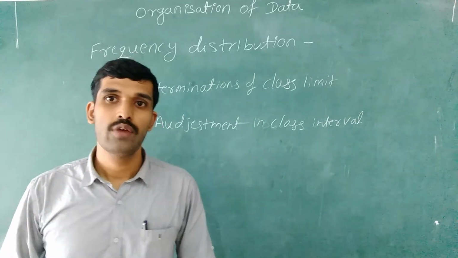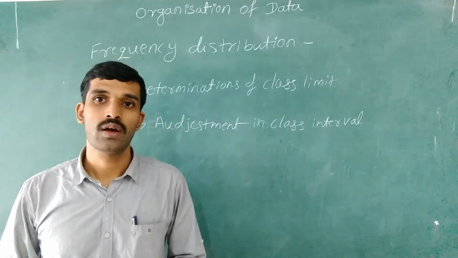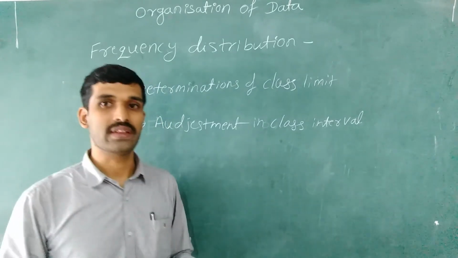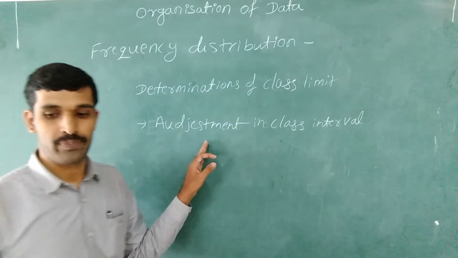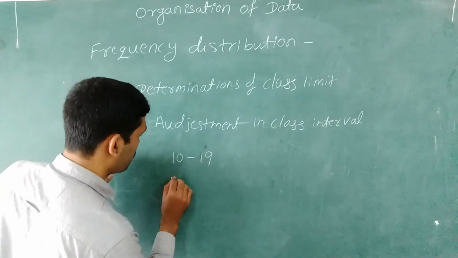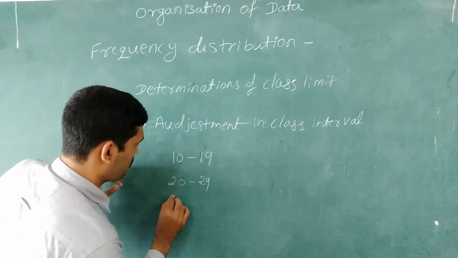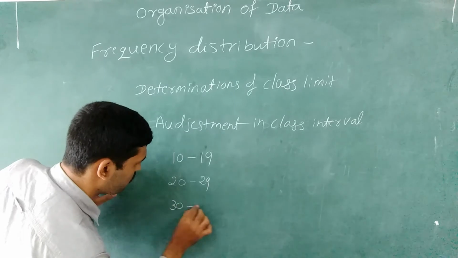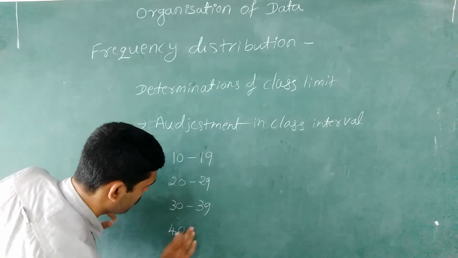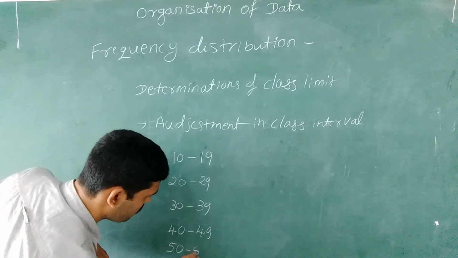For example, if we want to show continuous variables like income of households, in an example of inclusive method we show the classes like 10 to 19, 20 to 29, 30 to 39, 40 to 49, 50 to 59.